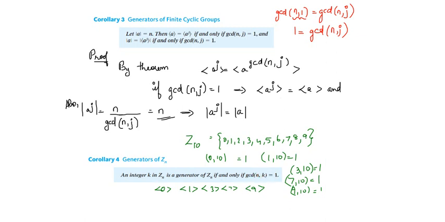These corollaries will help you in solving numerical problems; simple problems you can solve using these corollaries. Okay, that is the theorem which helps you in establishing or knowing the relationship between the order of an element and any other positive integer.